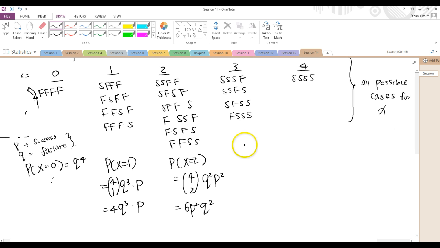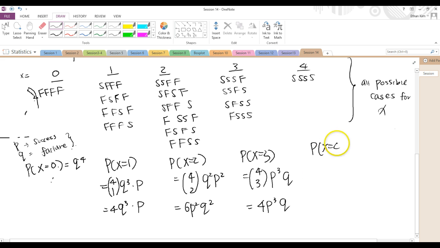And same thing here. When x equals 3, this is going to be 4 choose 3 P cubed Q. So this is 4 P cubed times Q. And x equals 4 is, again, just P to the 4th.